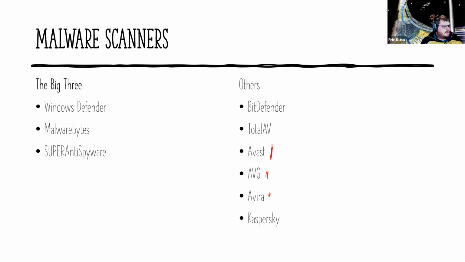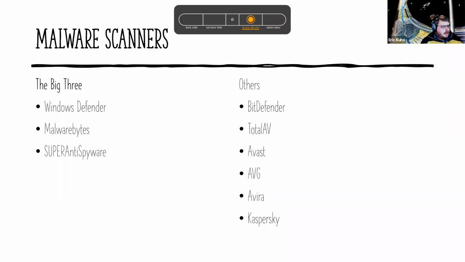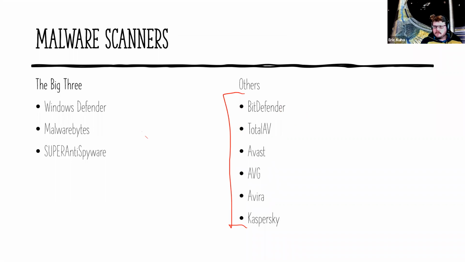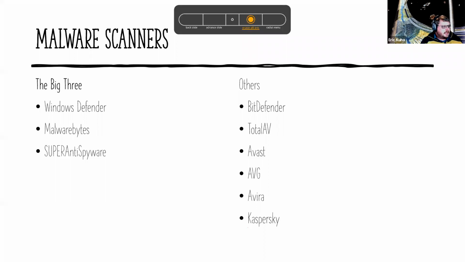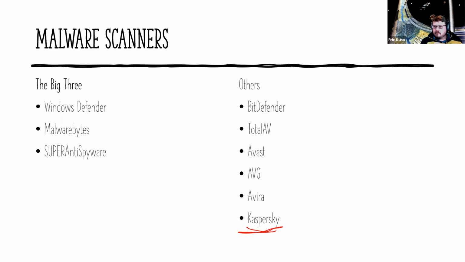AVG's fine. Avira is good. Bitdefender's kind of the cream of the crop these days. Most of these cost money, but most of them are cheaper than Norton or McAfee. Kaspersky is specific to Macintoshes, and contrary to popular belief, there is malware that affects Apple computers. It does exist.